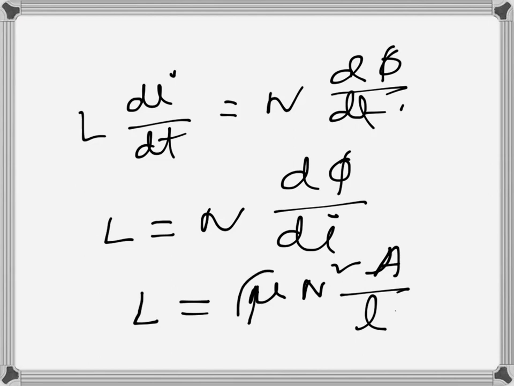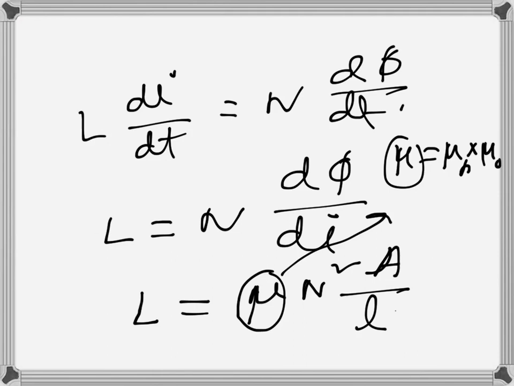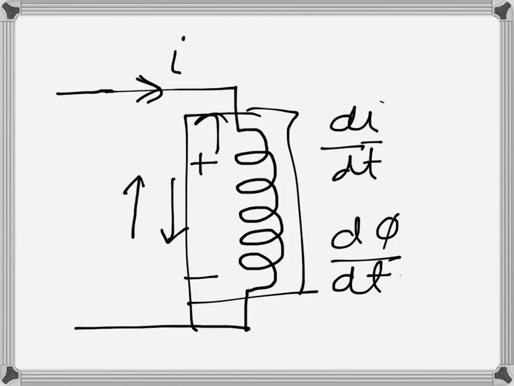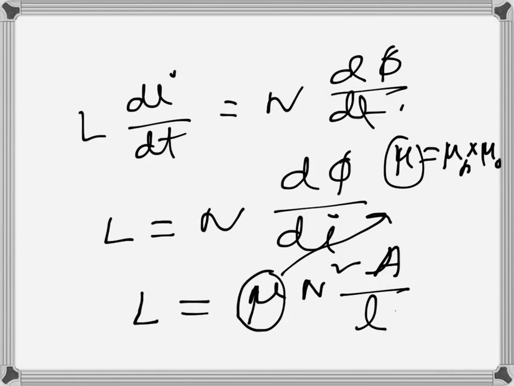So mu is the permeability of the material, that is relative permeability of the material times permeability of air, and then number of turns squared times the cross sectional area, and then over length. So if it is longer, then the inductance value is less, and if it is shorter, then it is higher. So that's what it is.